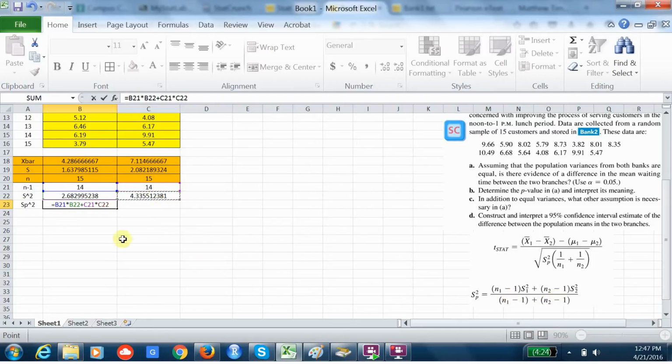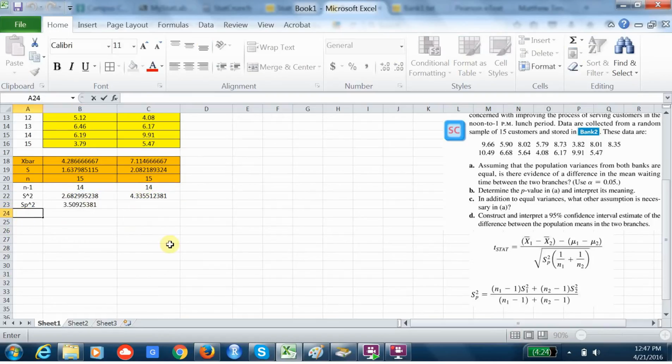And I want to divide the whole thing by n1 minus 1 plus n2 minus 1. So I have to put parentheses around the numerator. Okay, and then I'm just going to say, oops, this plus this.